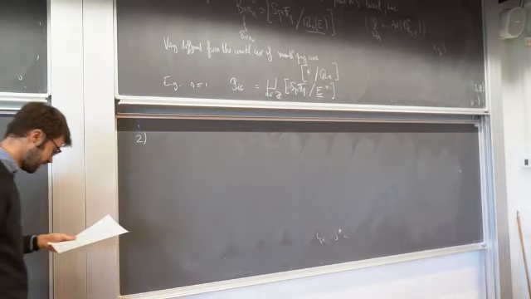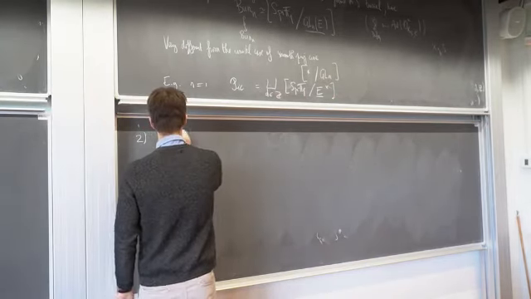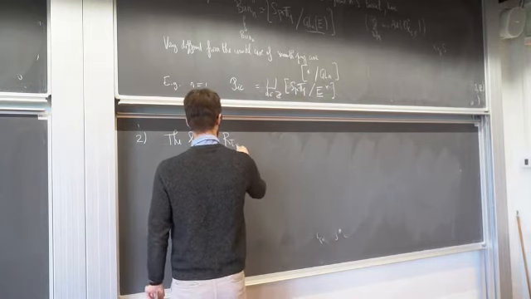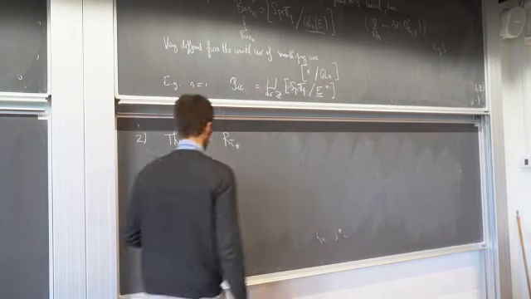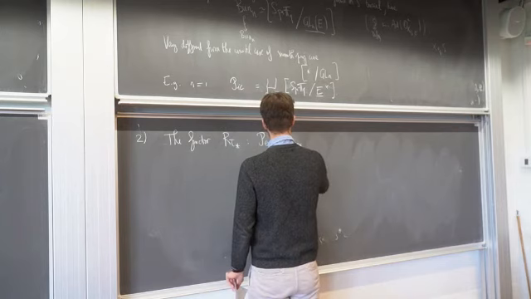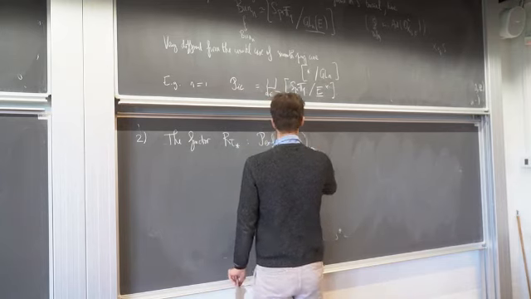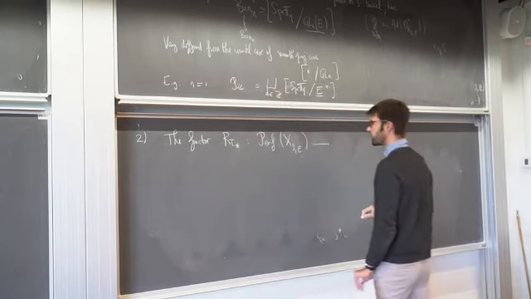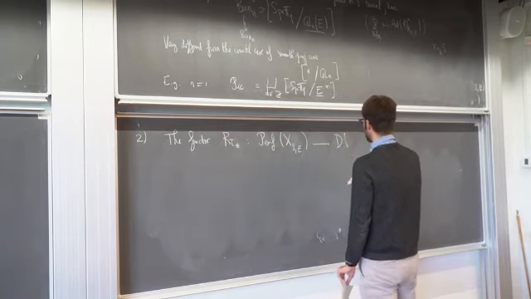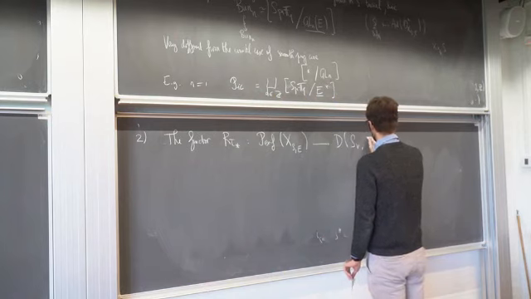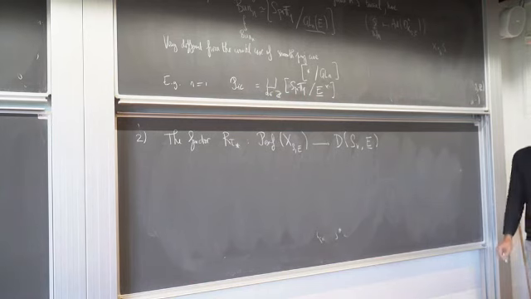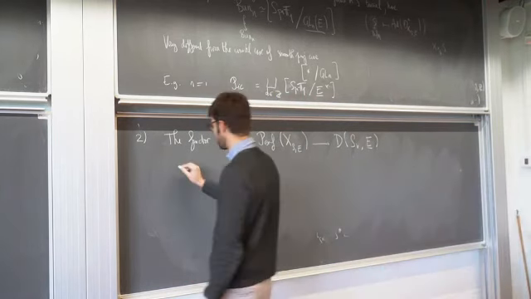The second fact is that the functor I had before, which I denoted by R to over star, you can consider it for perfect complexes on this relative Fargues-Fontaine curve, going to the derived category of sheaves of underlying E-modules on the v-site of S. This is fully faithful.